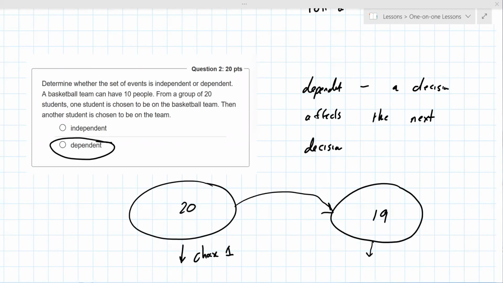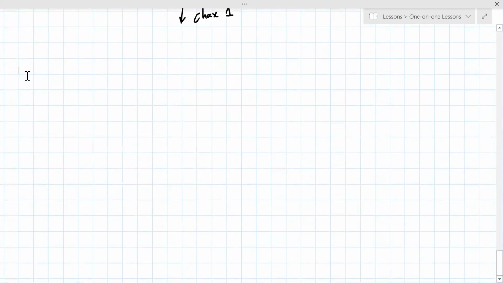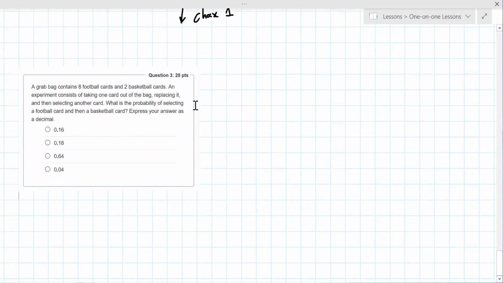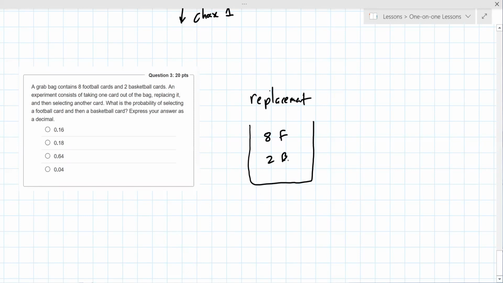Okay, so then we get into some questions about how to use these. You don't necessarily need to know whether it's independent or dependent, but you have to look at the situation, and there's this word called replacement. So this bag has 8 football and 2 basketball cards.